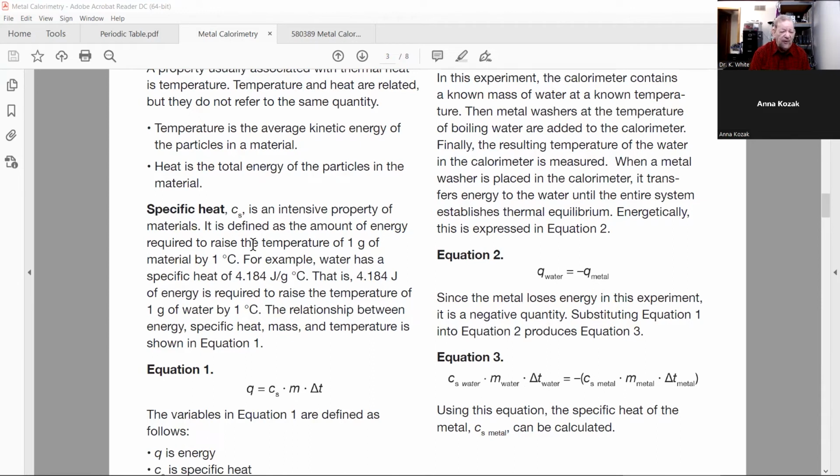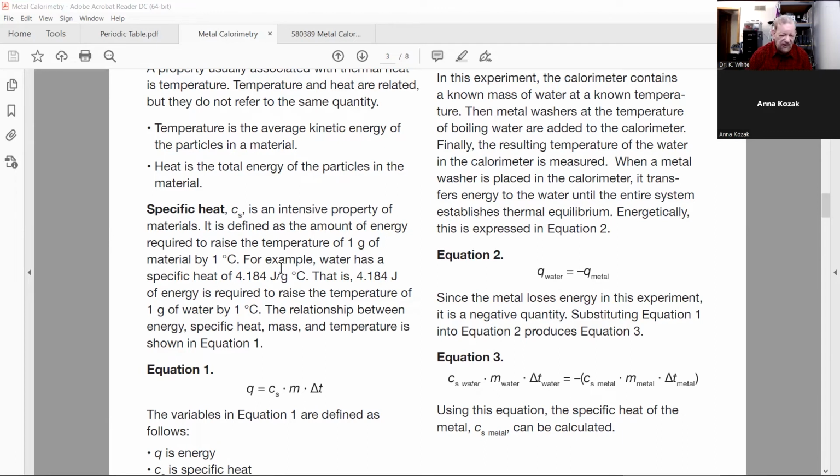For example, water has a specific heat of 4.184 J, joules, a measure of energy, per gram degree C. And that's 4.184 joules of energy required to raise the temperature of 1 gram of water 1 degree C.